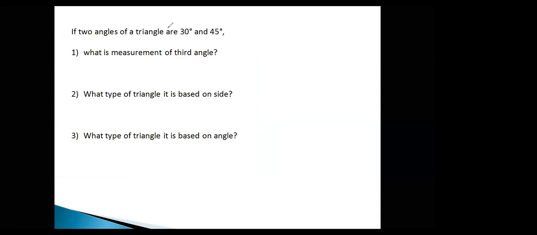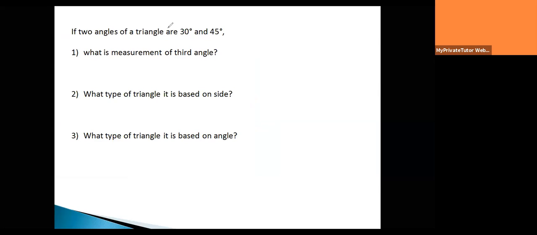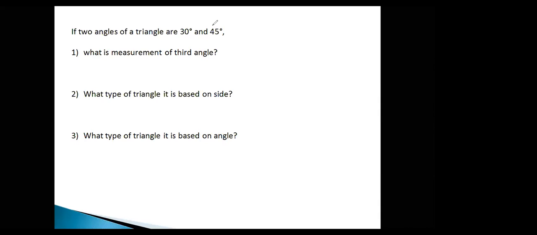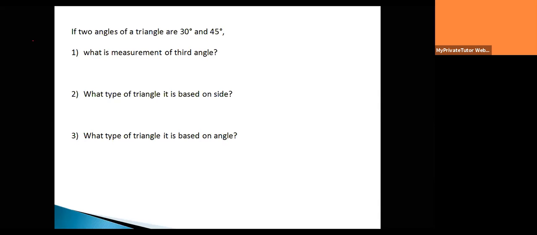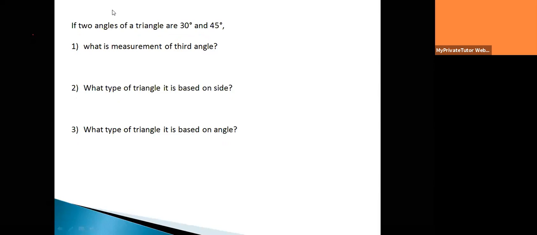Two angles of a triangle are 30 and 45. Please measure the third angle. 105. Joseph said 105. Let me have a look, Joseph. Yep, because we get 75, so obviously 105.